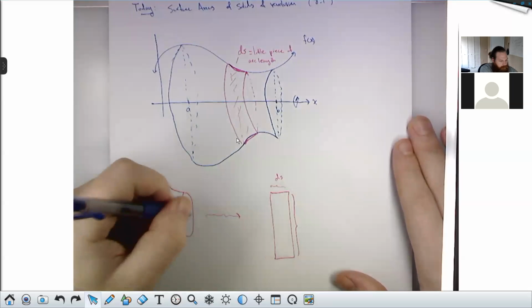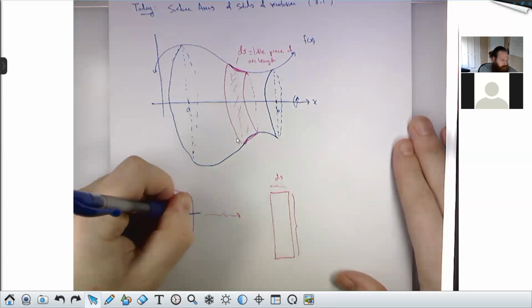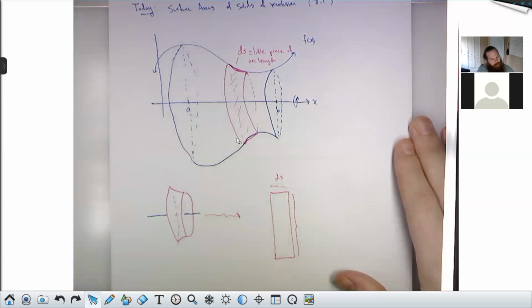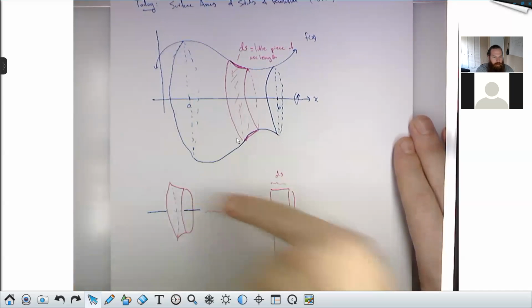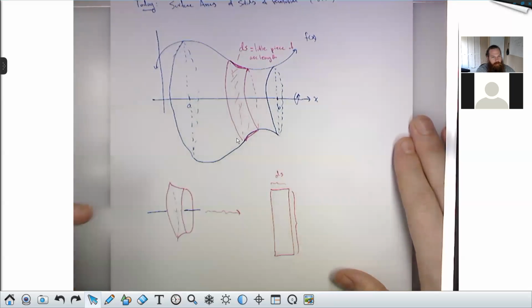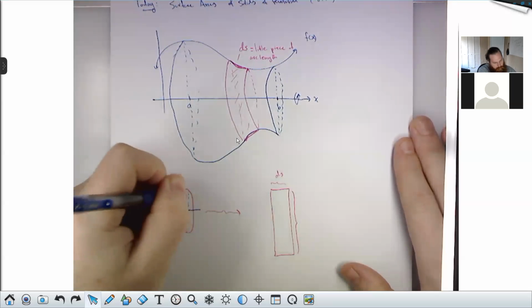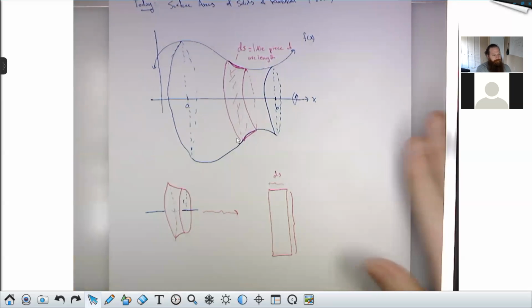Remember, as this thing sits on the x-axis there, if you were to look at it from straight on like this, you would be seeing a circle, and that circle has a radius. That radius is determined by this distance here, right?